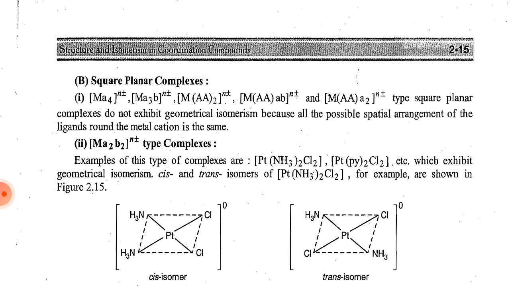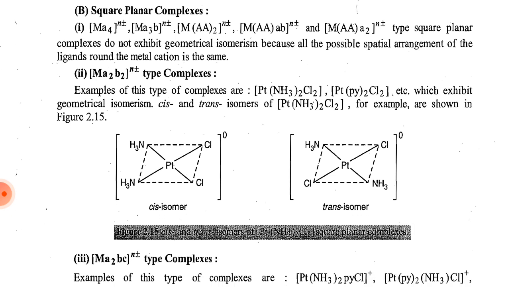Ma2b2 n plus minus type complexes, such as Pt(NH3)2Cl2, Pt(Py)2Cl2, etc., exhibit geometrical isomerism. The cis and trans isomers of Pt(NH3)2Cl2, for example, are shown: the cis isomer and the trans isomer. Right now we have learned about the difference between cisplatin and transplatin.